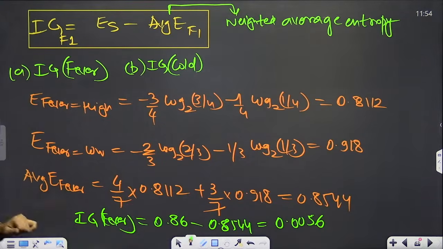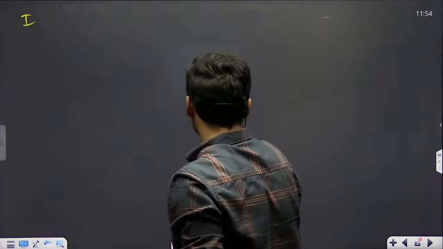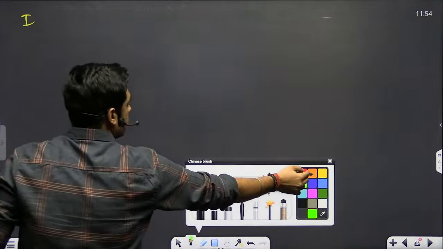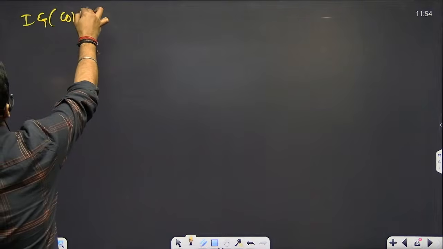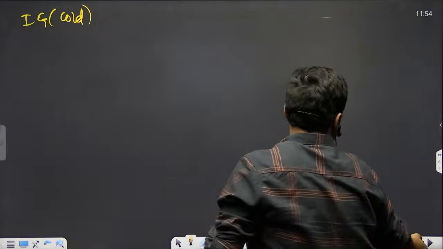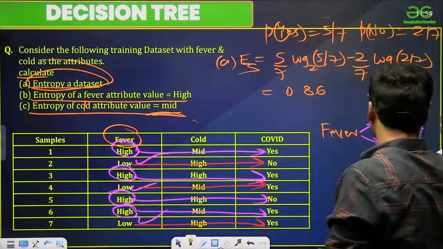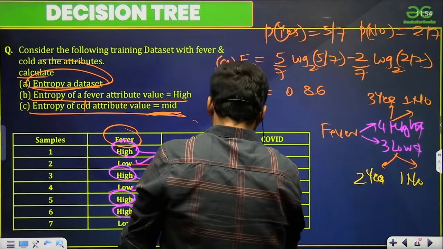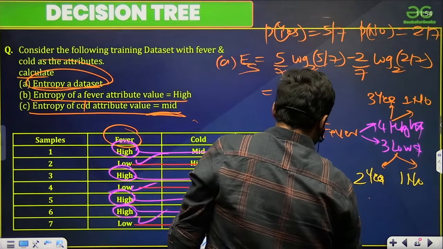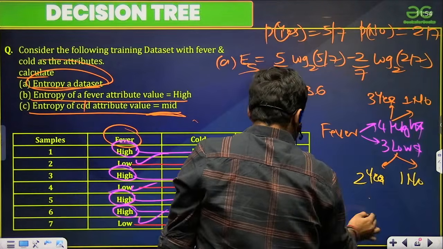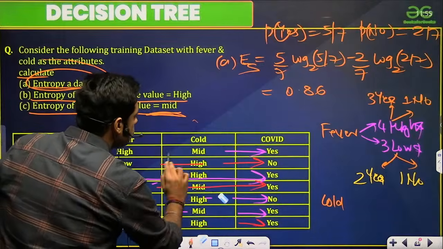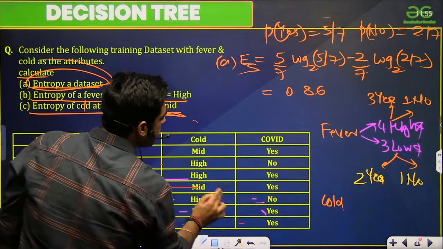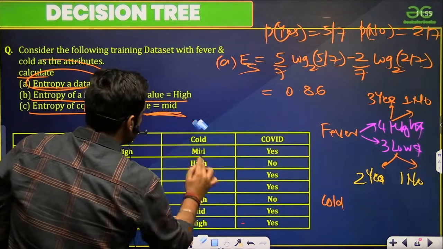Similarly, calculate the information gain for the attribute cold. For that, let us make this aggregation again.